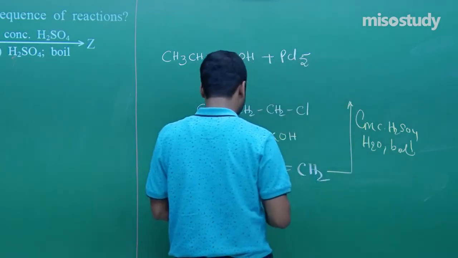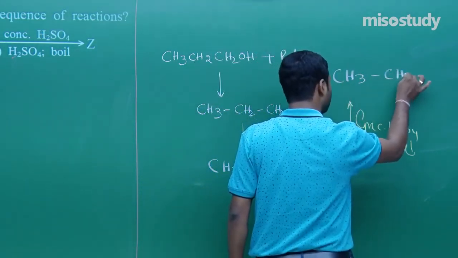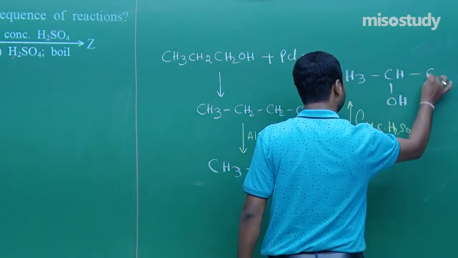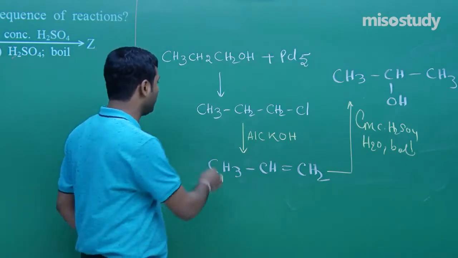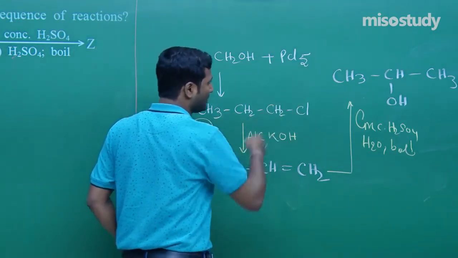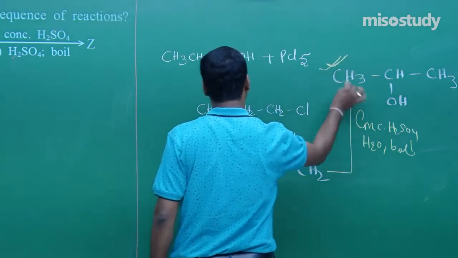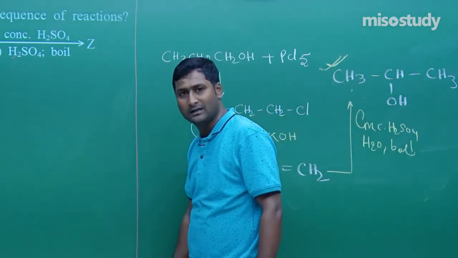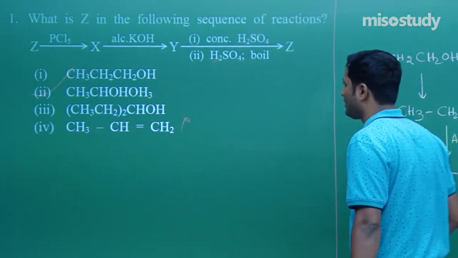Look at, it gives you CH3 CHOH CH3. Look at the product varies. If I start from this one it is Z, but this one is not Z. So that's why I have taken this one, that is the 2-degree alcohol. Clear? So now we can easily predict this one is the correct option, B option.